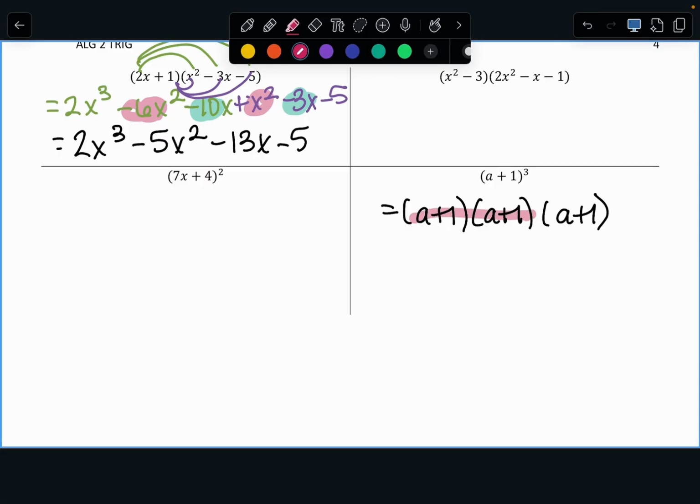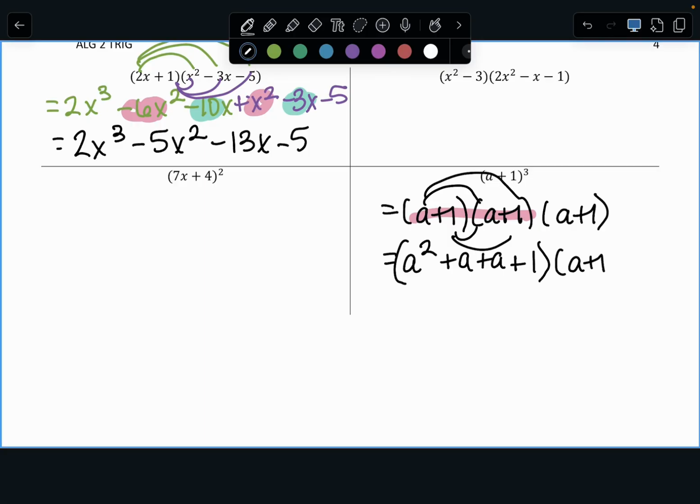We take the first two. We FOIL. First is a squared. Outside is 1 times a, so just a. Inside is 1 times a, so just a. And then 1 times 1 for the last piece is 1. Be careful here.